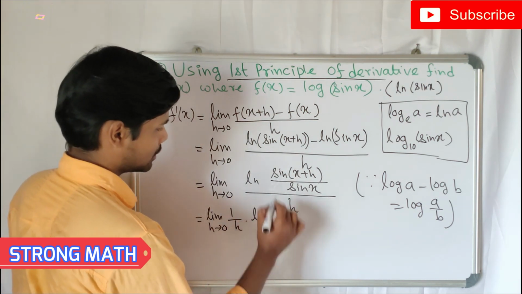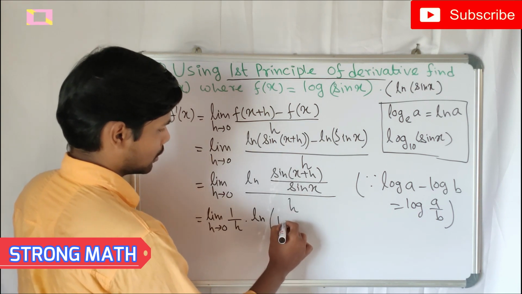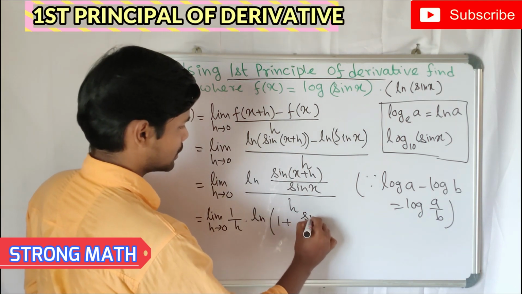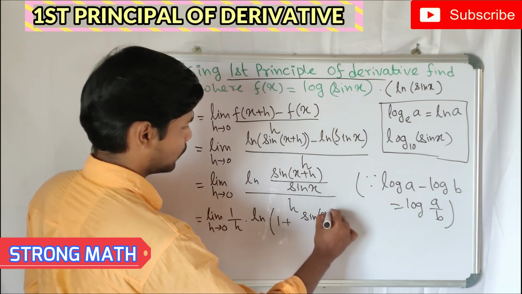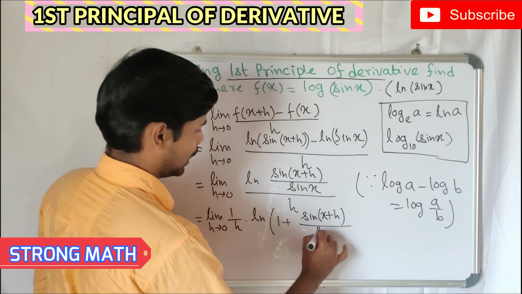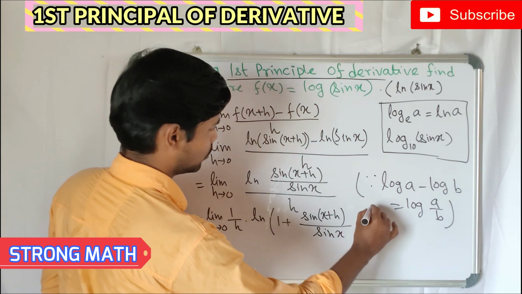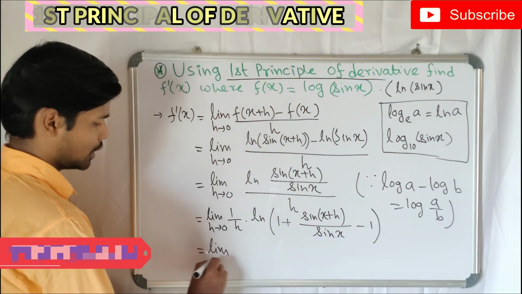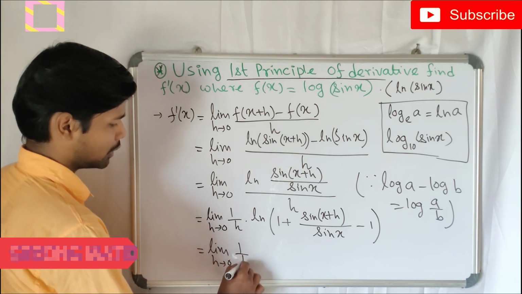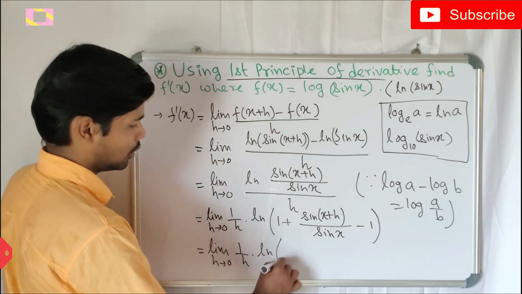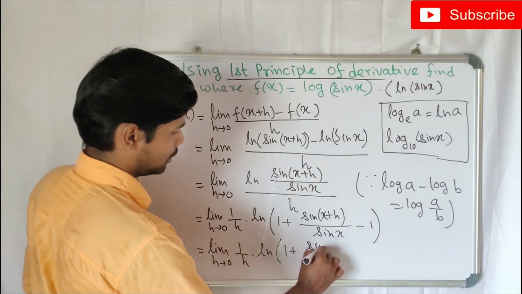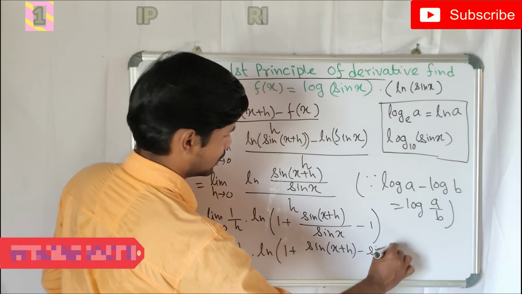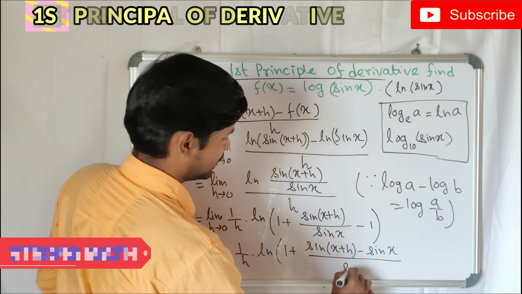Let's adjust it by adding and subtracting 1: 1 plus sin(x+h) by sin x minus 1. This equals limit h tends to 0 of 1 upon h into ln of 1 plus sin(x+h) minus sin x, whole divided by sin x.